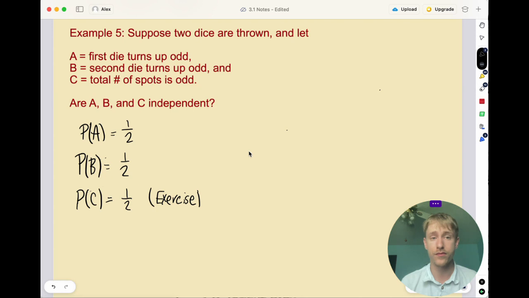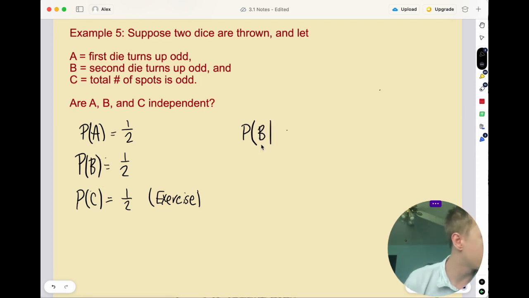We know that A and B are clearly going to be independent, because the first and the second die have nothing to do with each other. Let's do some other conditional probabilities. Let's do the probability of C given that A has occurred.